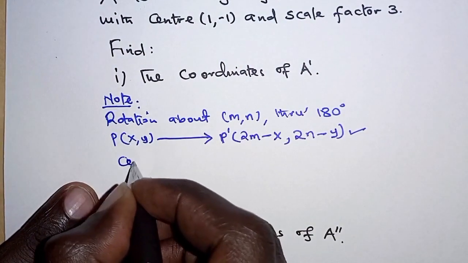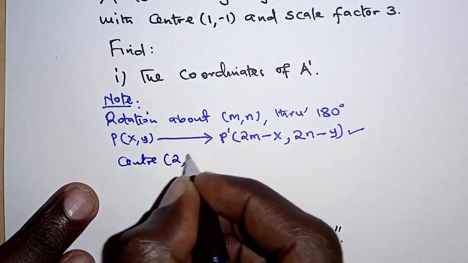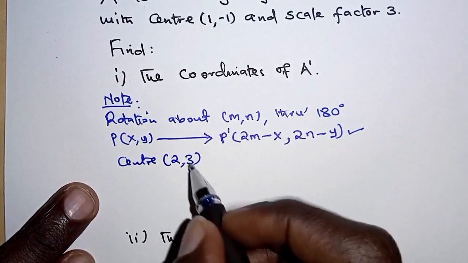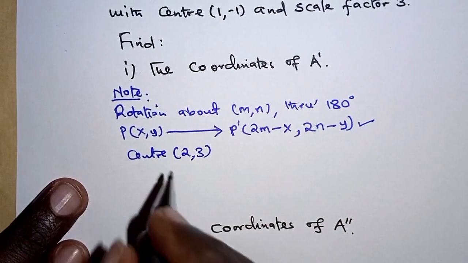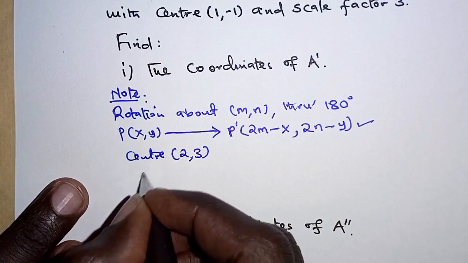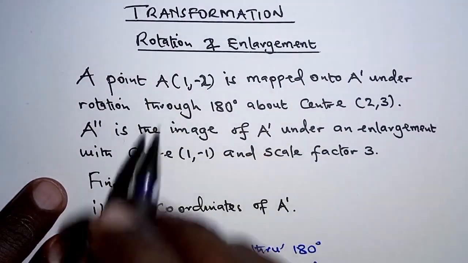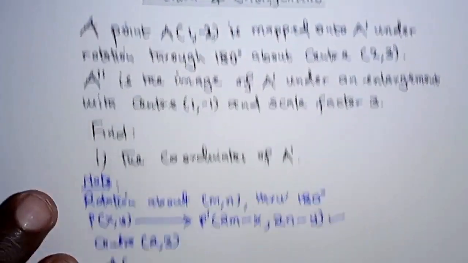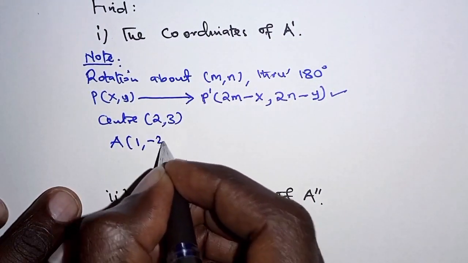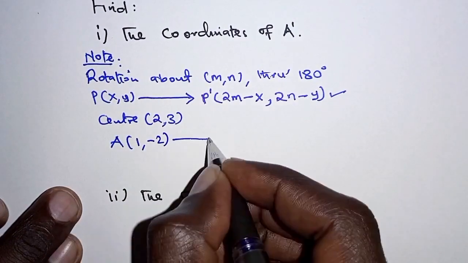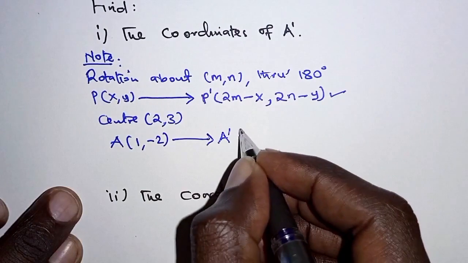So the center (2, 3) takes up the place of (M, N). And the point we're supposed to rotate is point A, and we're given the coordinates as (1, -2). This will be mapped onto its image A prime.